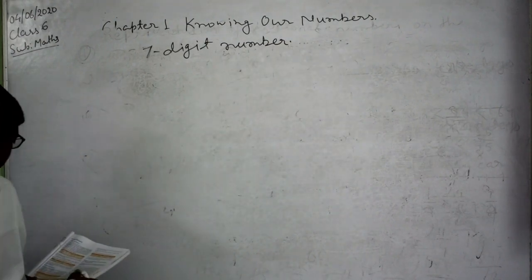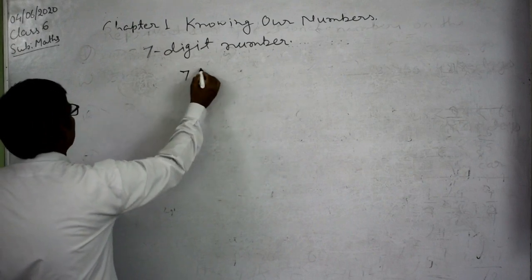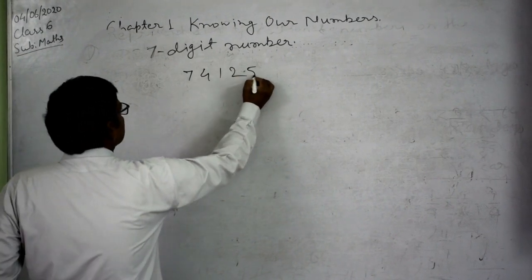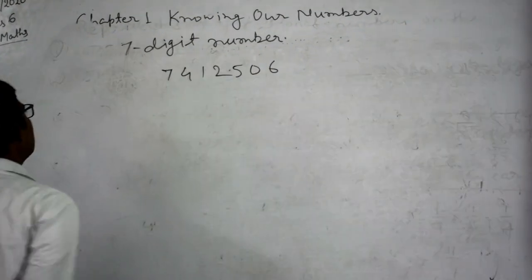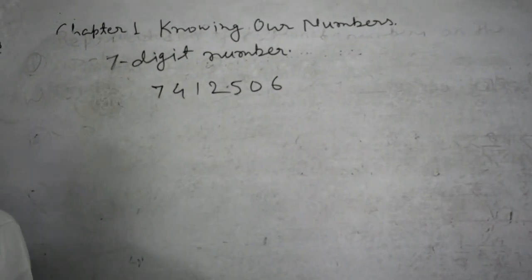Take the example 7412506. Okay, this is the example of a 7-digit number. So here we will write the periods.